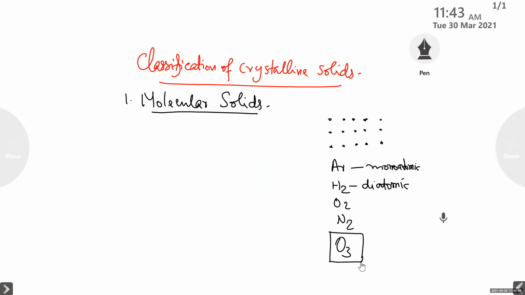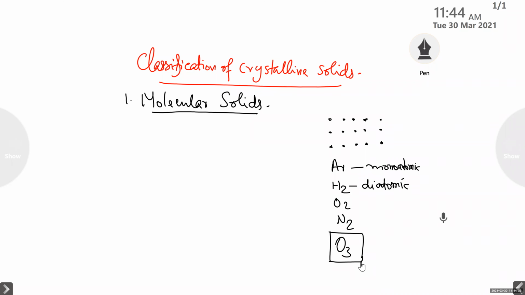Now you lower the temperature, and ultimately there will be formation of the liquid, and the liquid is converted into the solid. There will be crystallization at a very low temperature. So all these crystals will be composed of non-polar molecules.